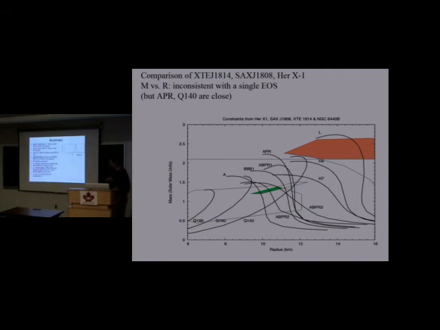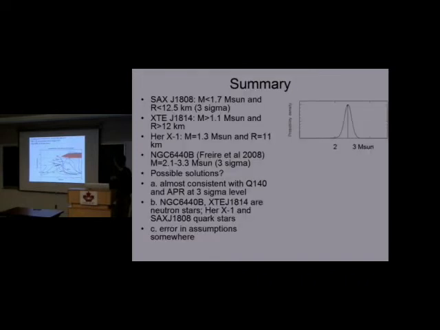So again, if you go back here, that's this line here. You could see that with that line, it's still close to these two, right? So it doesn't really alter this conclusion. The other thing is that they may all be the same equation of state, or perhaps there are two different equations of state, and we have two different types of objects, some neutron stars and quark stars.